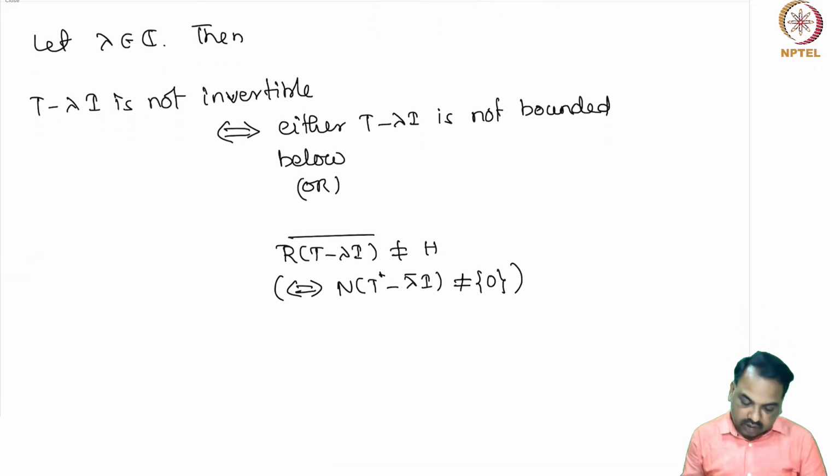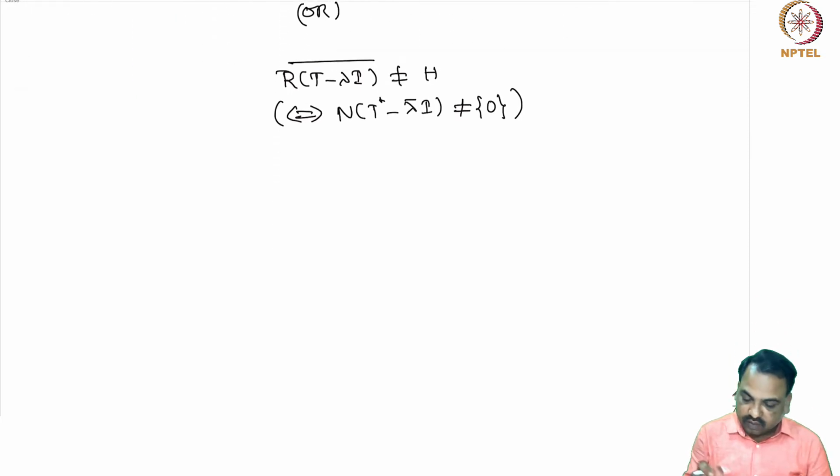Now based on these two conditions, we can decide whether lambda is in the spectrum or not. We can say that lambda is in the spectrum of T if and only if either T minus lambda is not bounded below or range of T minus lambda is not dense in H. Now with these two conditions, we can define two kinds of spectrum.